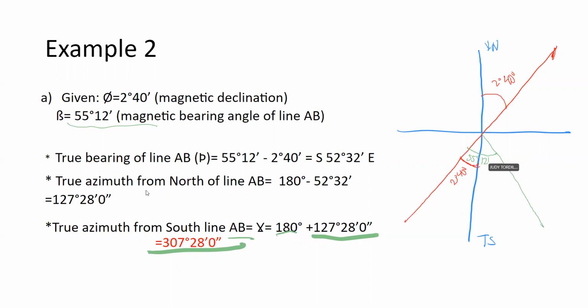What we are asked to get is the true bearing. For the true bearing, we start from the true meridian going to our line AC. And we are also asked to get the true azimuth from the north, which is this angle. And earlier we were also asked for the true azimuth from the south. So this is your true azimuth from the south.